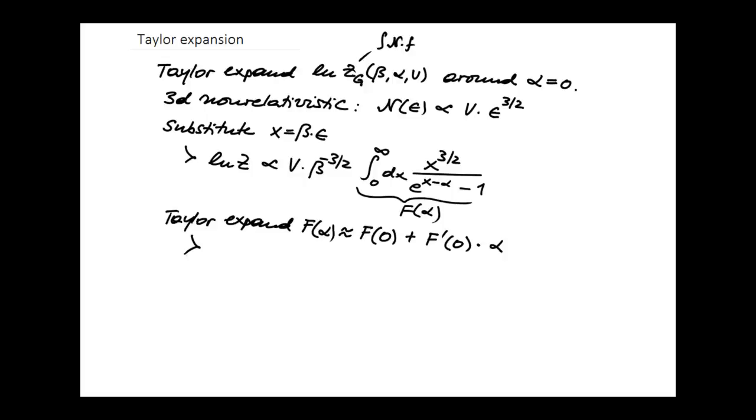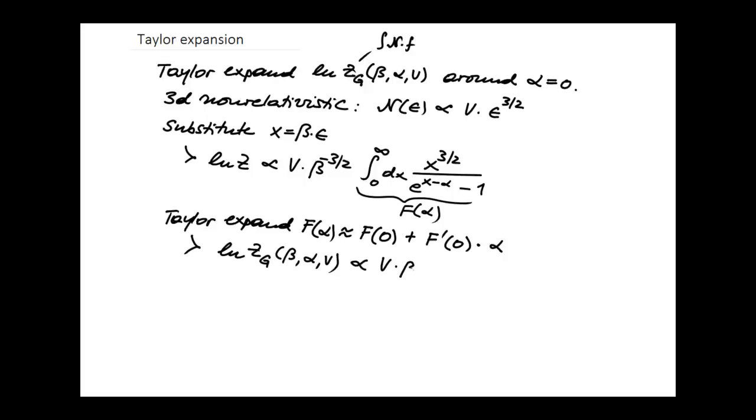So for our purposes, it will be enough to say that the log of the grand canonical partition function in the continuum limit as a function of beta, alpha, and v depends on these thermodynamic variables in the manner that it's proportional to volume.